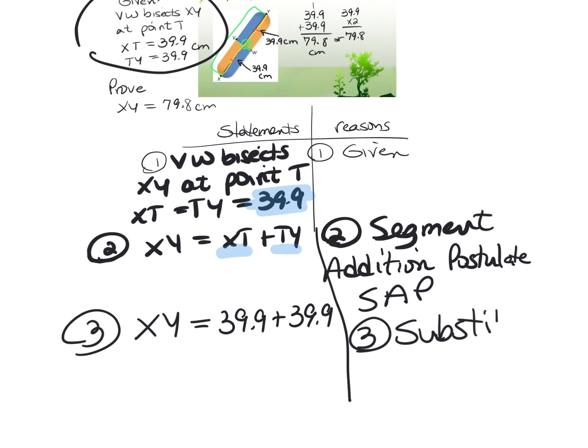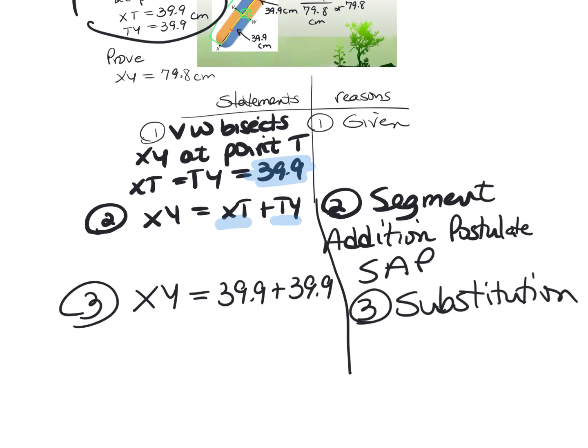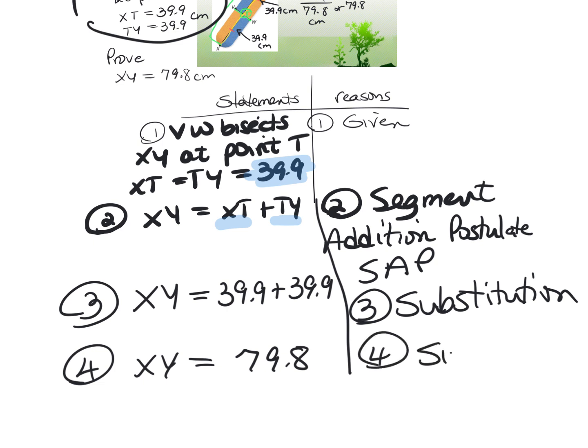This reason will show up all the time in our proofs. The next thing I'm going to do is simplify or add the two 39.9s. So 79.8. In this reason, you can either say that you simplified, or the other reason would be add.